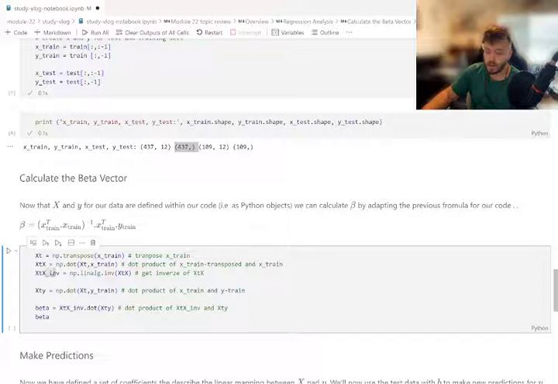Then we have the inverse of XTX, so that's this whole deal right here. This line of code represents everything on the left side of the dot operator. And then this XTY is everything on the right side of the dot operator, so we have X transpose and Y train.